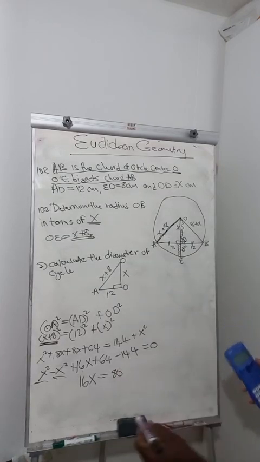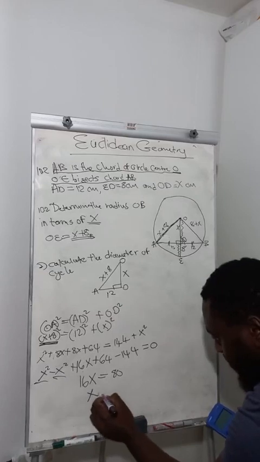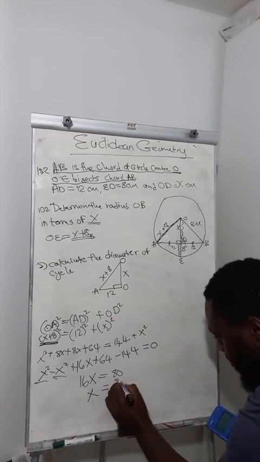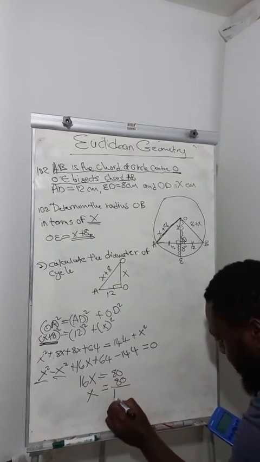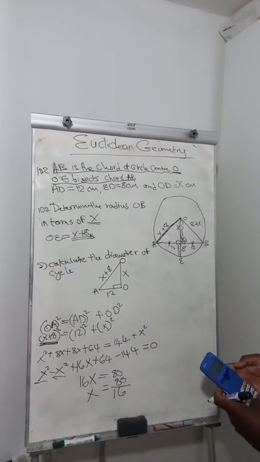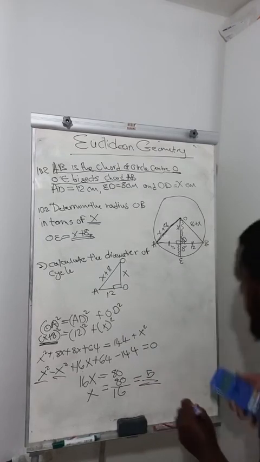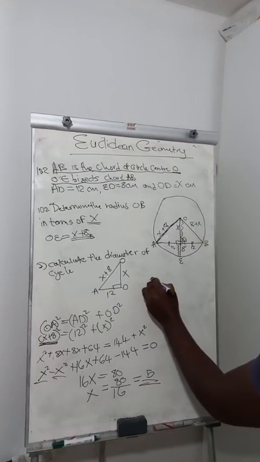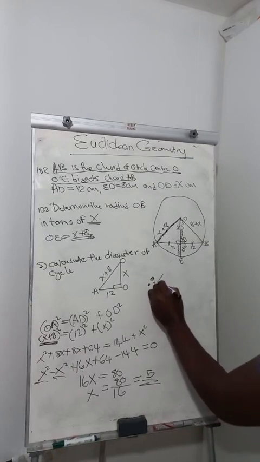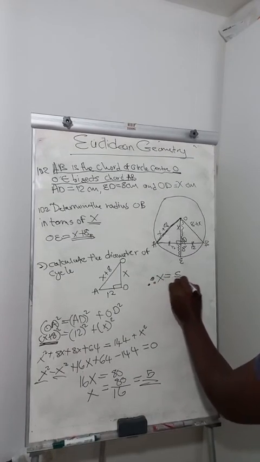So x will be equal to 80 divided by 16. You get an answer of 5. So let me write here so that you can see, x is equal to 5.